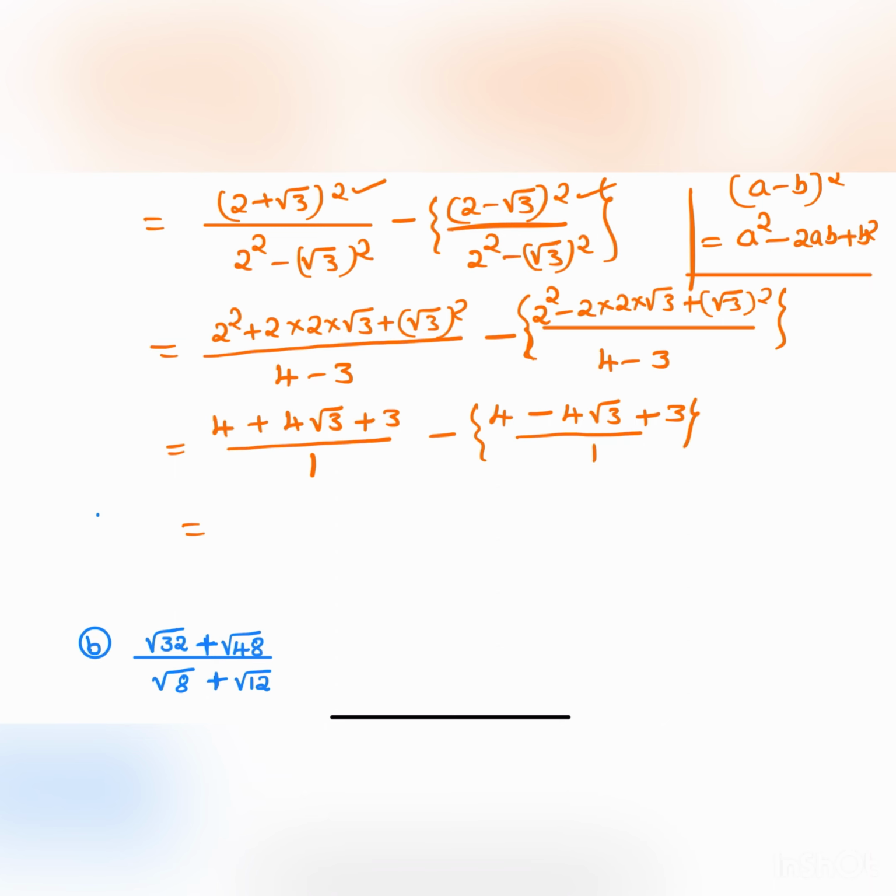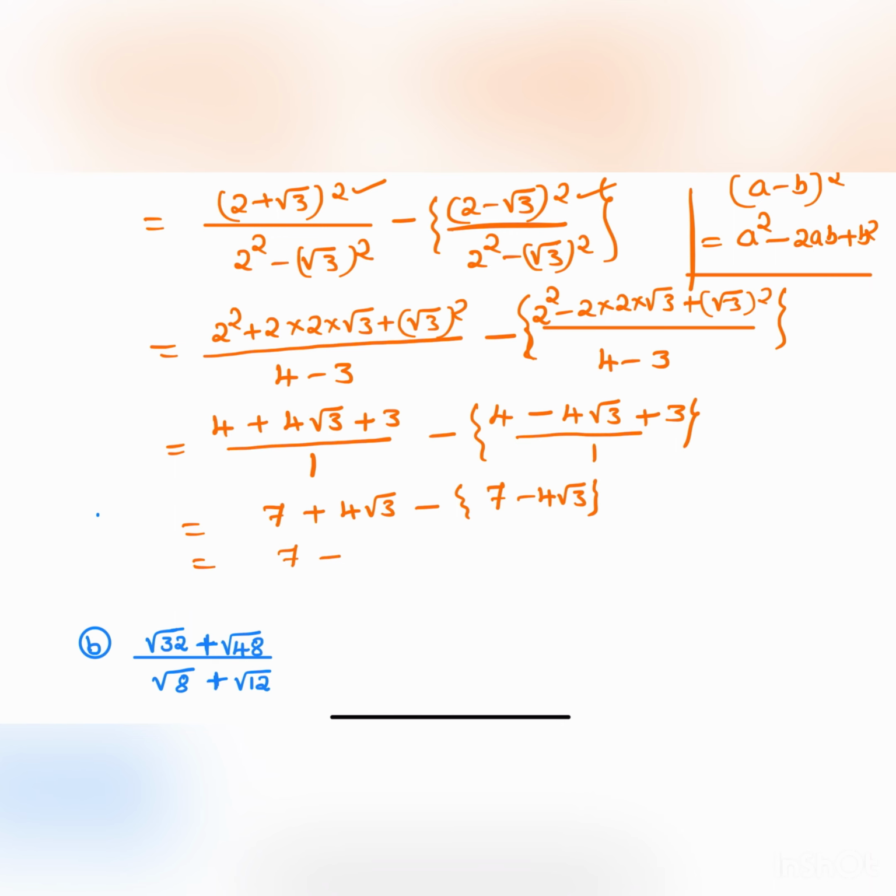So LCM will be 1 only, and we can just simplify the numerator. Let us simplify the numerator. It is 4 plus 4 root 3, we can take it as 7 plus 4 root 3, minus, let me keep this bracket, 7 minus 4 root 3.